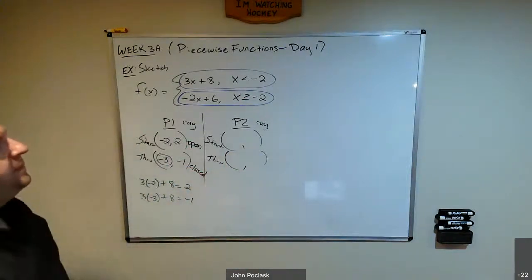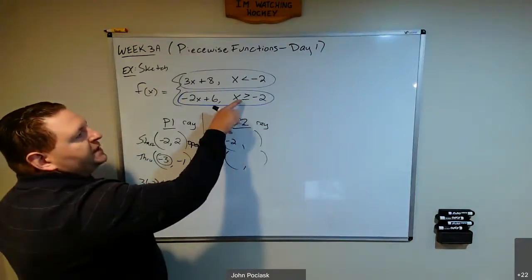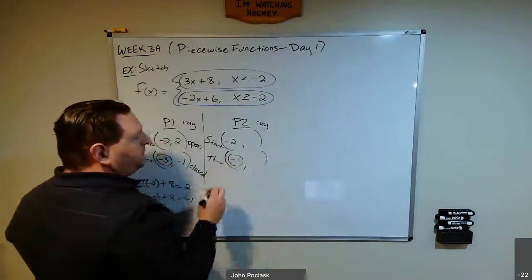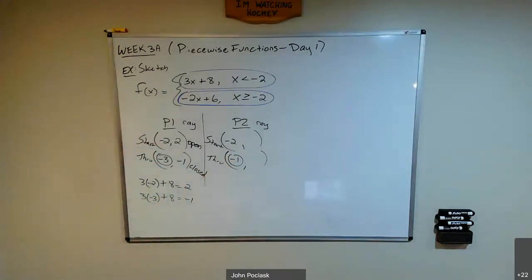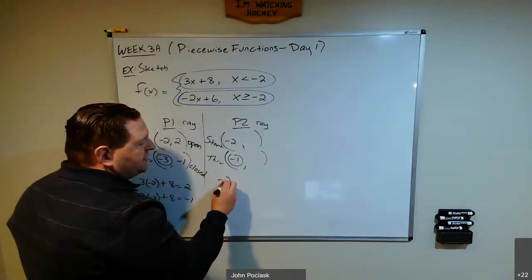Start value for that is -2. The through point, I need to pick a number that's greater than or equal to -2. I'll pick -1. These values get substituted into the -2x plus 6 expression.